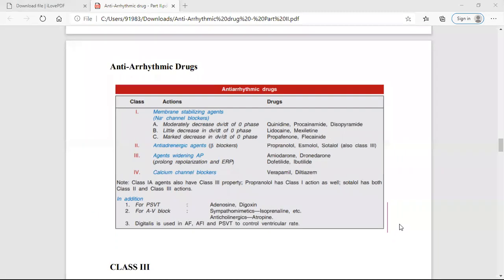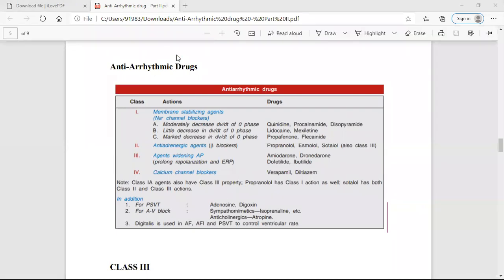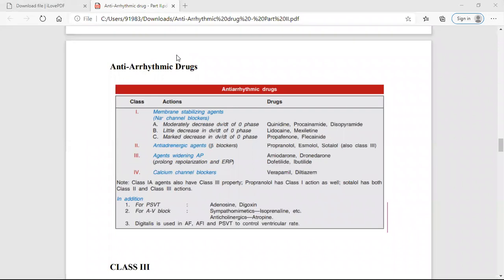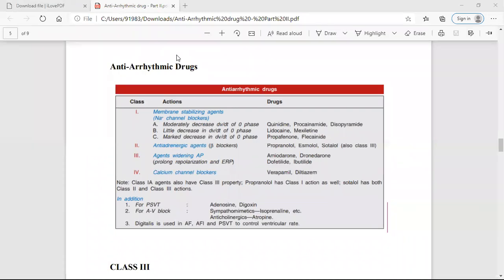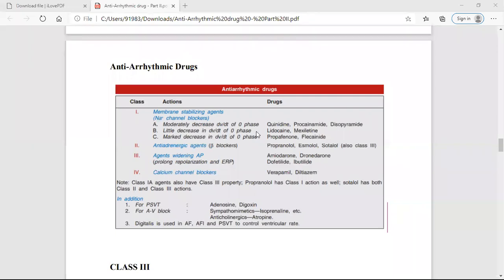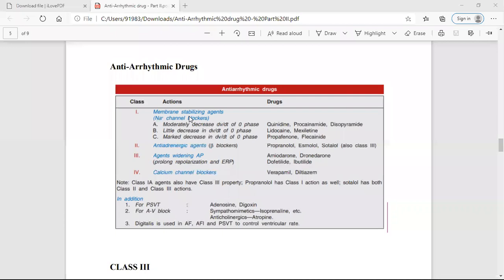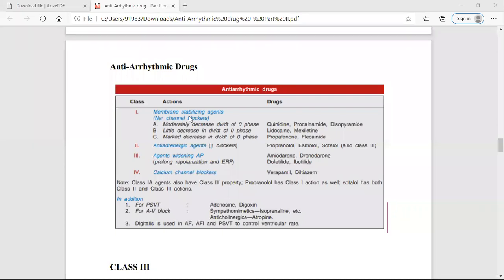If you have any question, you can ask in the chat box. It must be a two-way communication.